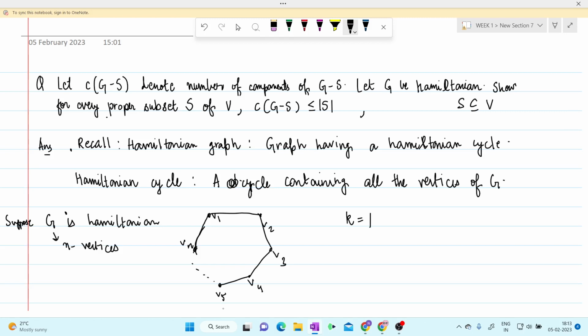So we have to show that if we remove one vertex from a Hamiltonian graph, after removing one vertex from Hamiltonian graph G, G remains connected.